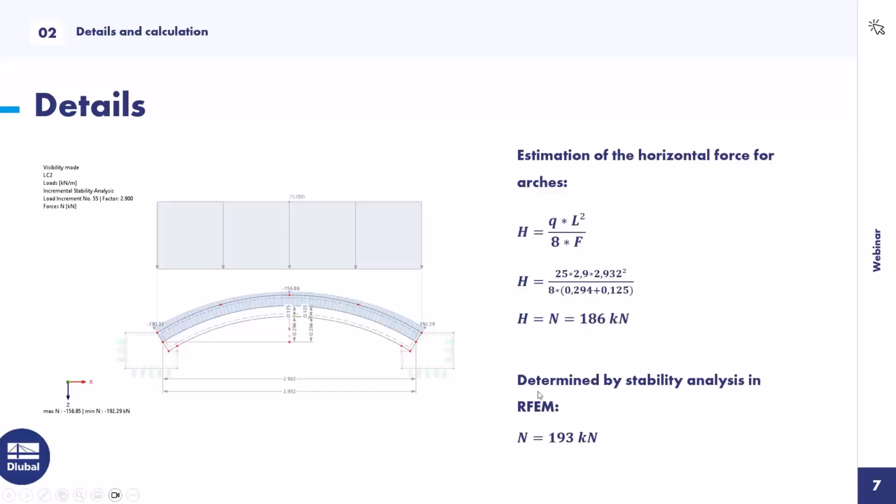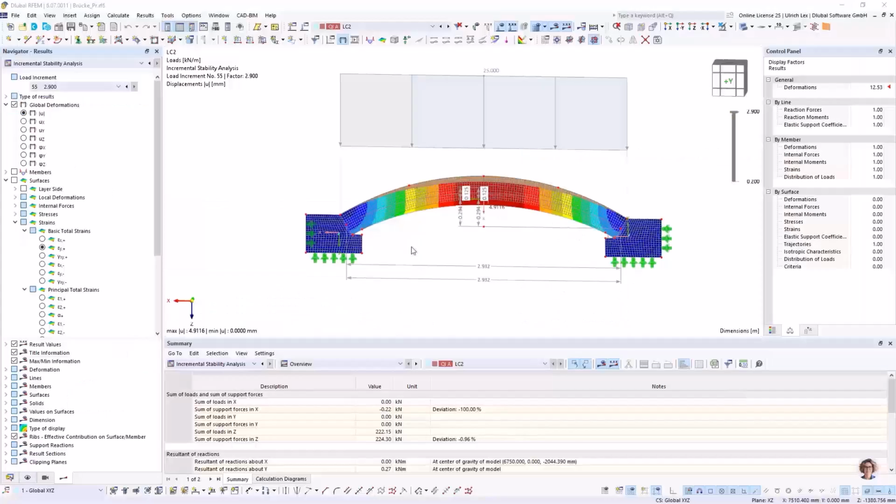In my case, I get by the stability analysis about 193 kilonewtons. That shows that the analytical solution is nearly the same as the computer calculation in RFEM. So I think it's a very good result of both ways.